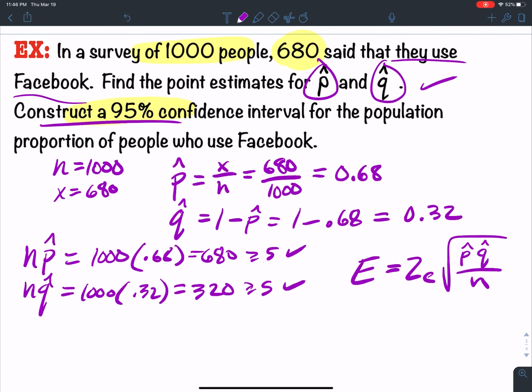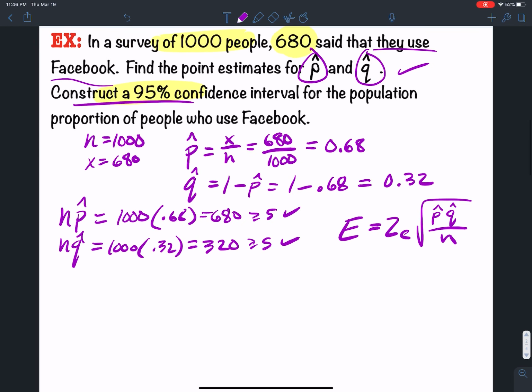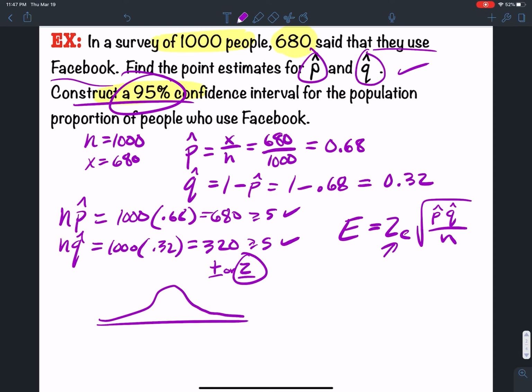Now, a 95% confidence interval. What type of chart am I going to? Am I going to a Z chart or a T chart? Okay, what am I using? Well, what do I know? It tells me Z, so I guess I'm going to be in the standard normal.